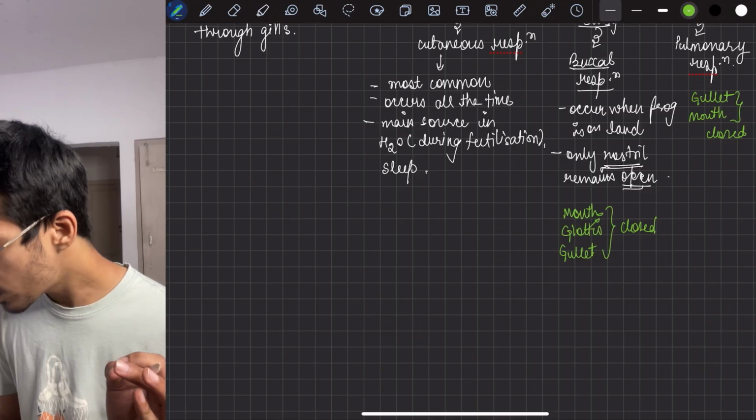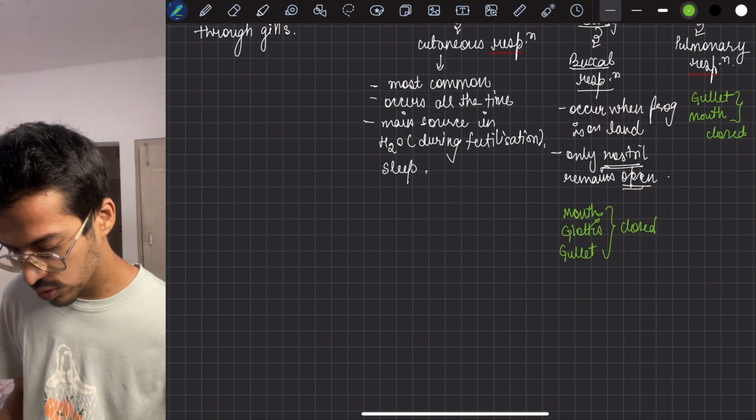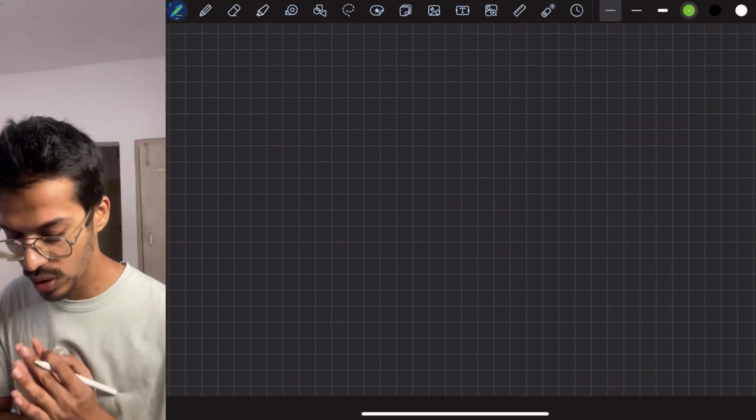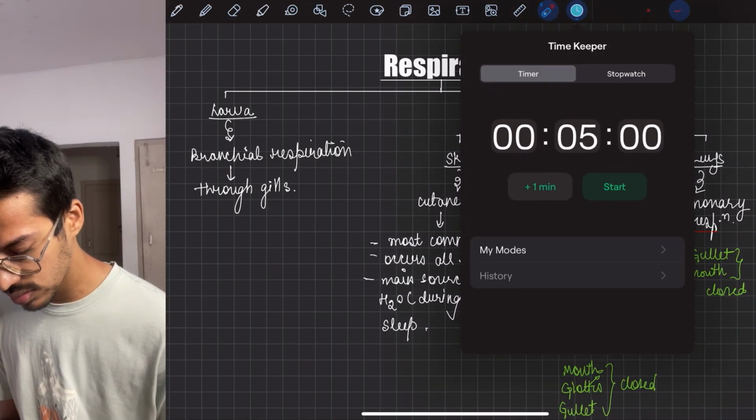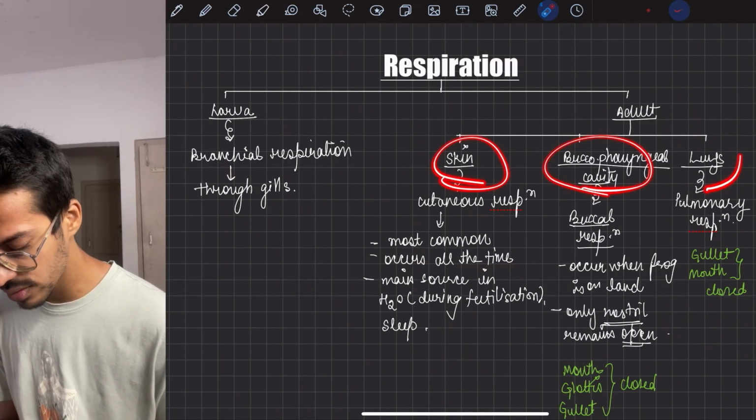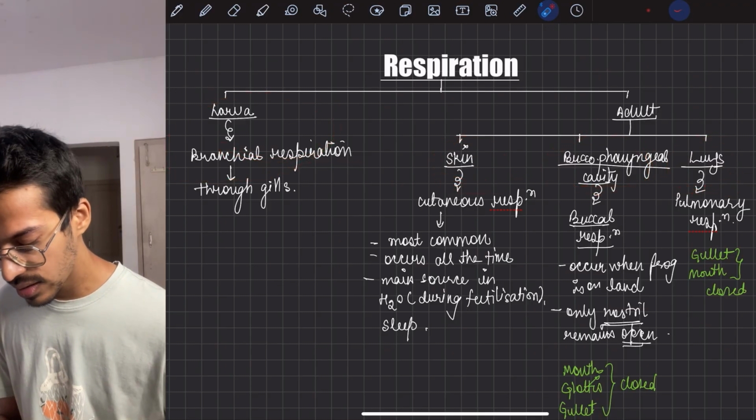We are not going into the major working of it. So remember there are three types in the adult and gills in the larva.